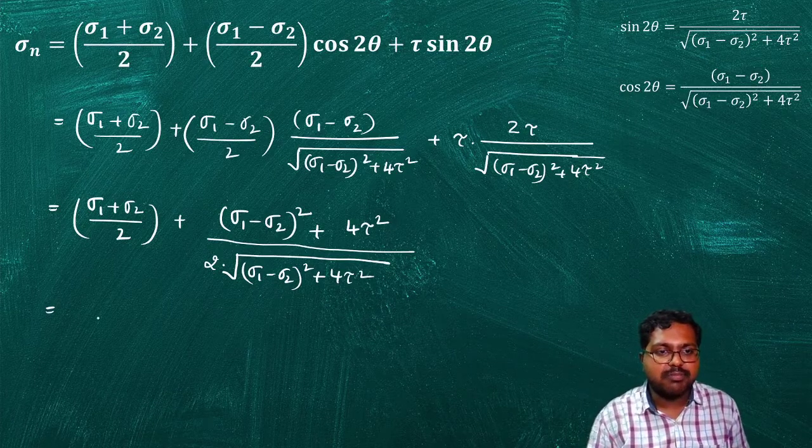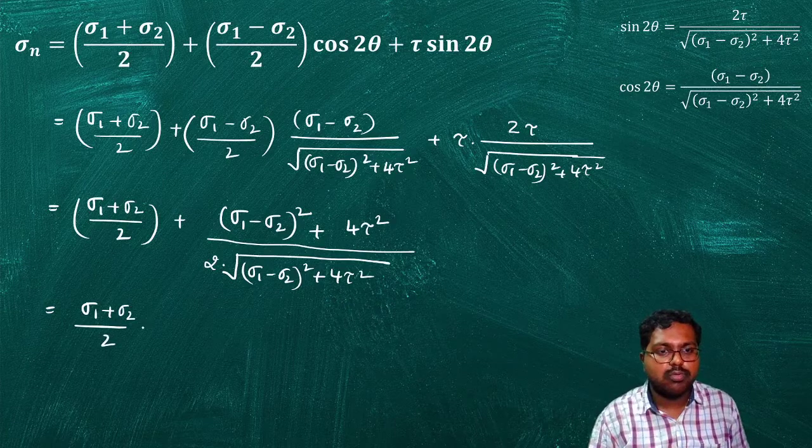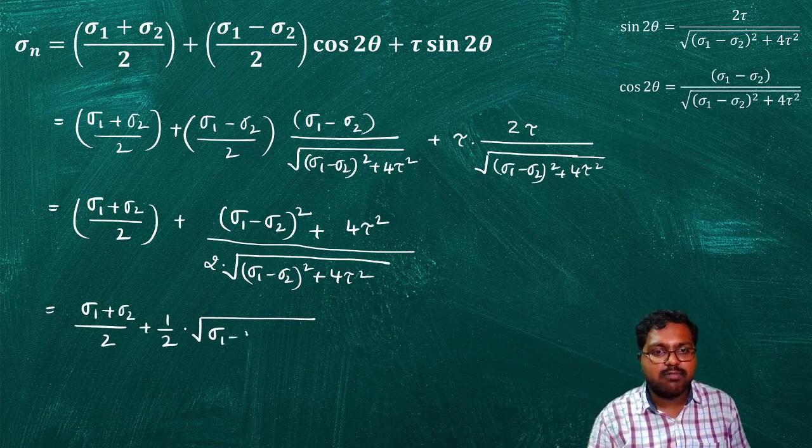So again simplifying it, I will get (sigma 1 plus sigma 2) by 2 plus 1 by 2 into the square root of (sigma 1 minus sigma 2) whole square plus 4 tau square.